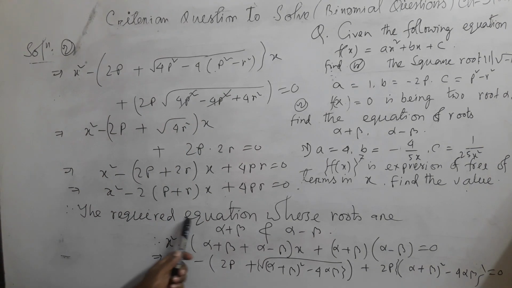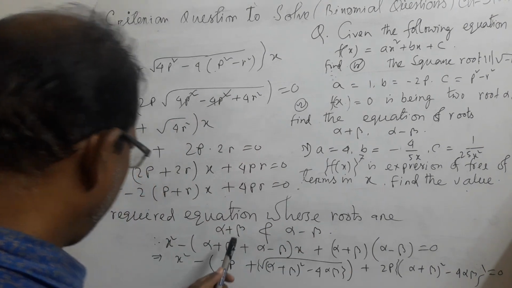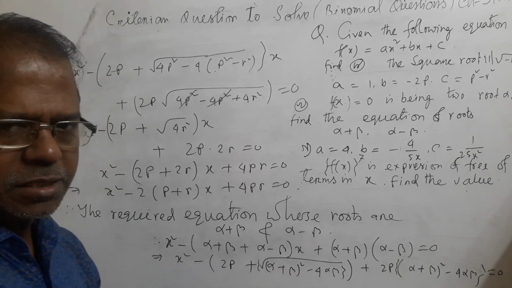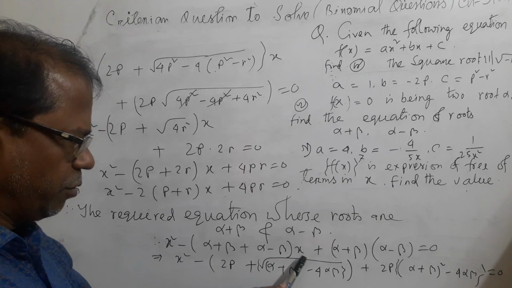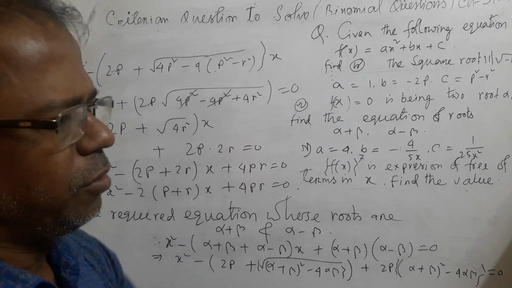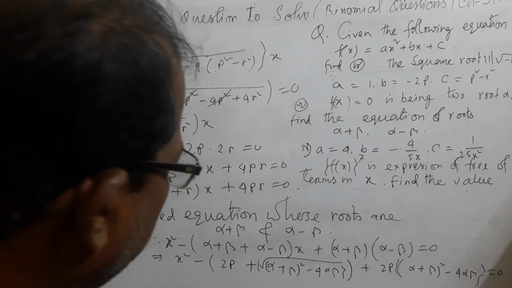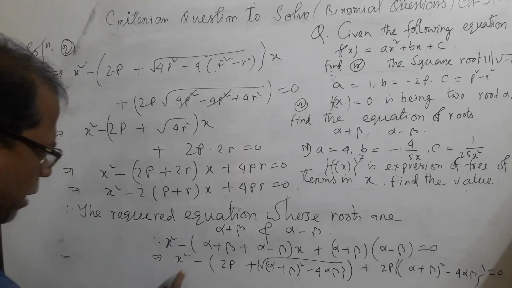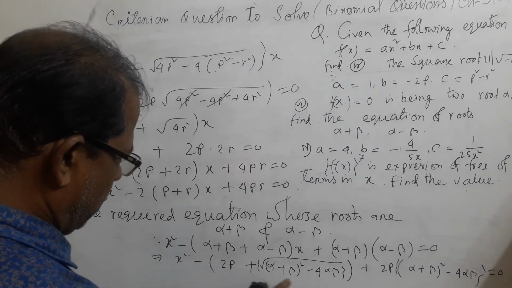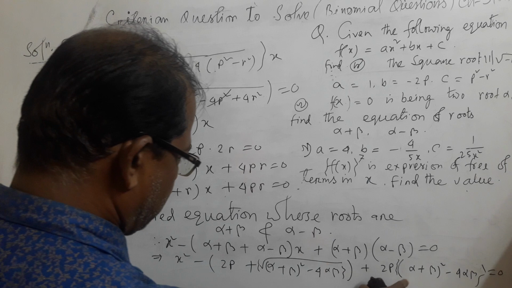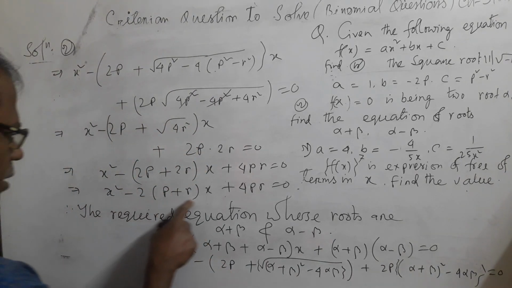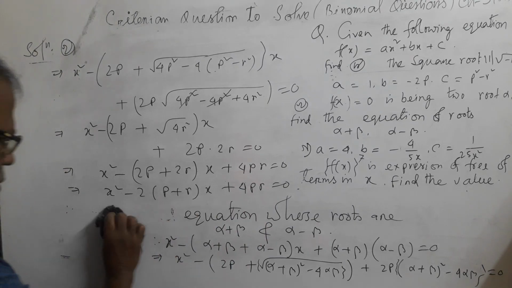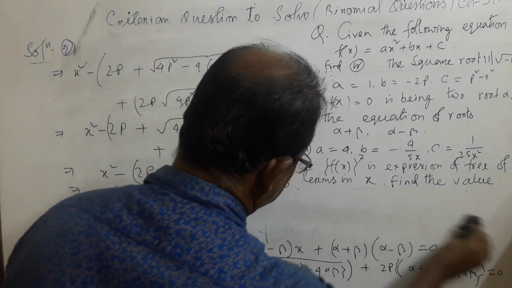So the required equation whose roots are alpha plus beta and alpha minus beta is x square minus the sum into x plus the product equal to 0. So these are the values, and the required equation follows. So you have to practice and memorize. This is the system.